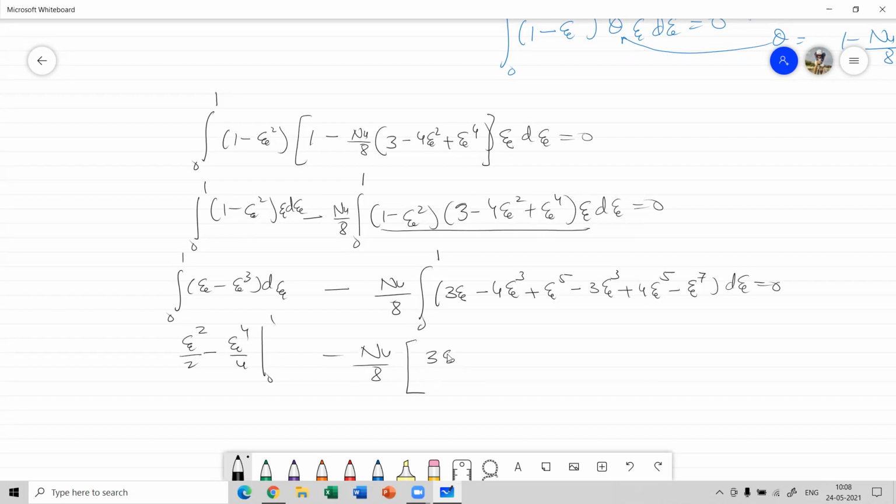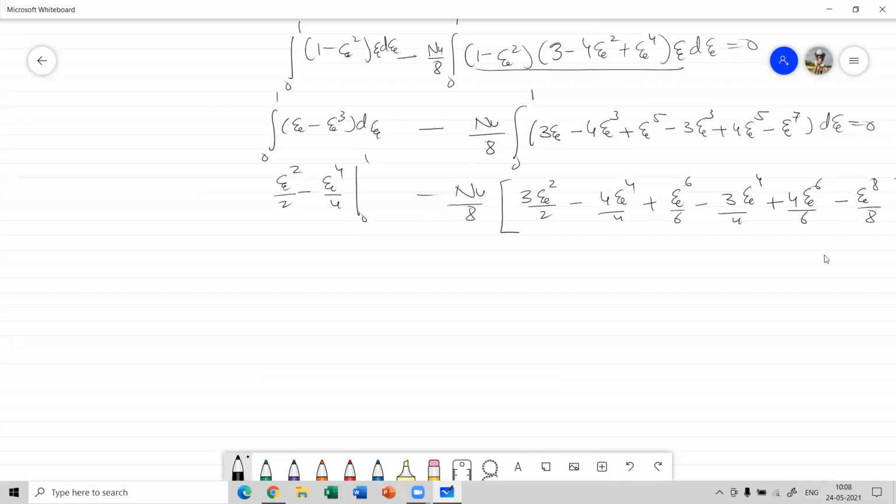So we have 3 zeta square by 2 minus 4 zeta 4 by 4 plus zeta 6 by 6 minus zeta 4 by 4 minus zeta 8 by 8 equal to 0, and put the limit 0 to 1.